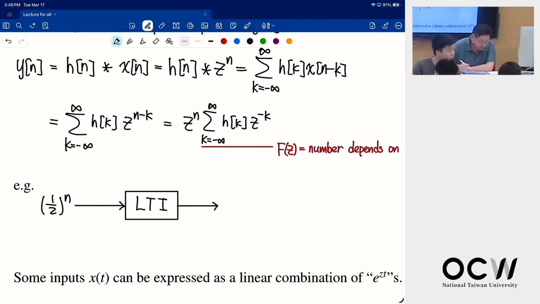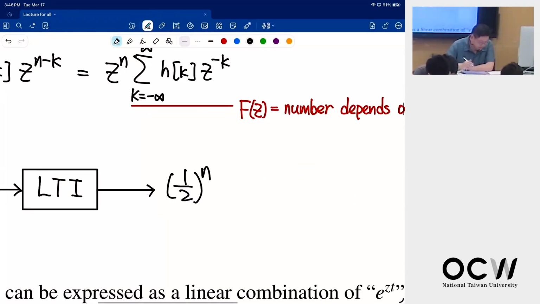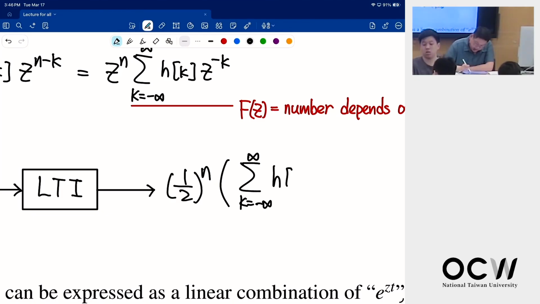So it should be 1/2 to the n, the same thing, and you times something. Here, this something is the sum over k from minus infinity to infinity of h[k] times 1/2 to the minus k.